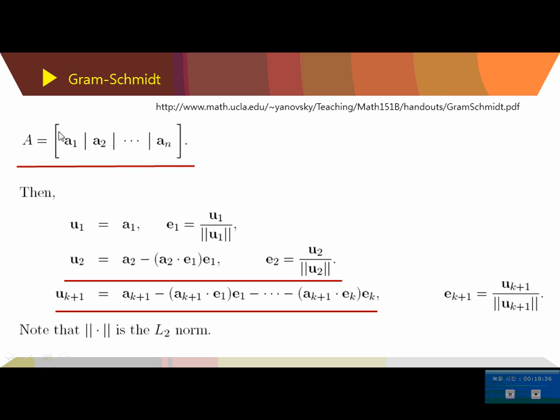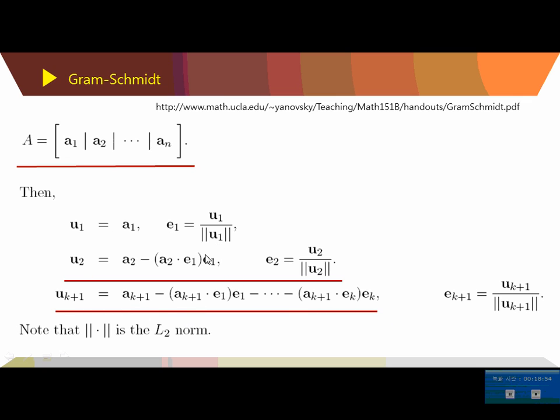So for example, if we have a matrix A whose columns are linearly independent vectors, then we use the Gram-Schmidt orthonormalization process like this.